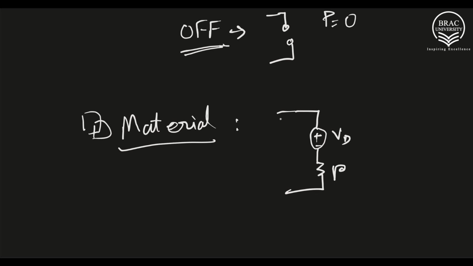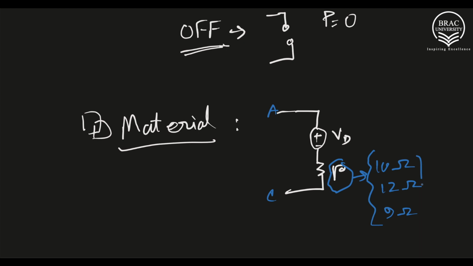The positive side would be connected to the anode, and the negative side to the cathode. The value of this resistance is very small. It's around 10 ohm or 12 ohm, or in some cases it can be 9 ohm or even lower.